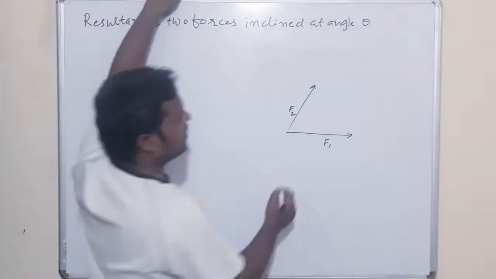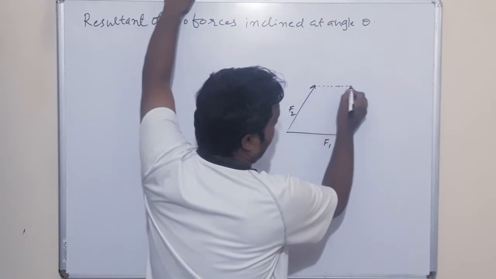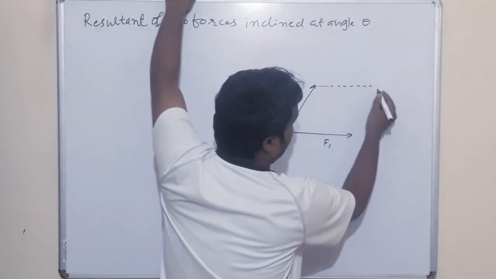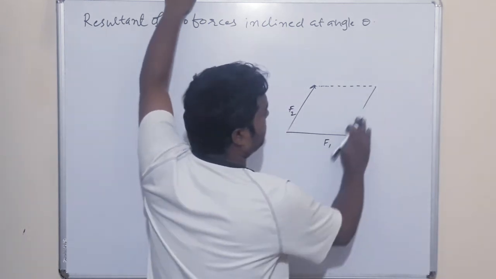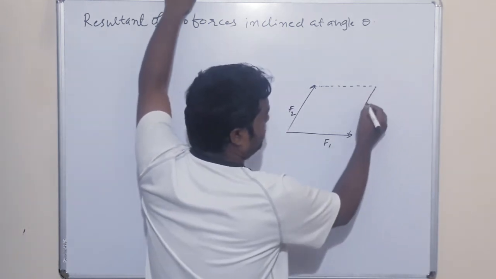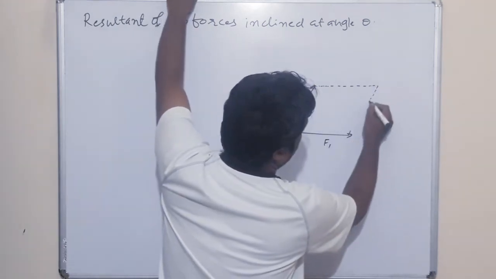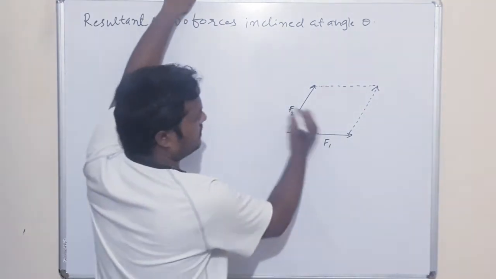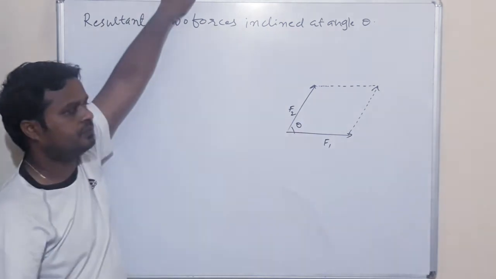Then the resultant of these two forces, as we studied in class 11th, is calculated by using either the triangle law or the parallelogram law. So to calculate the resultant of these two forces, I will complete this parallelogram. If this is F1, this is F2, the angle between them is theta.